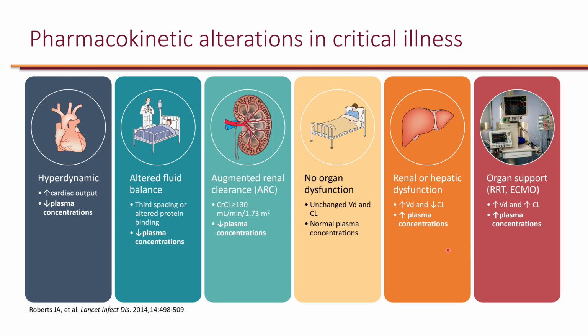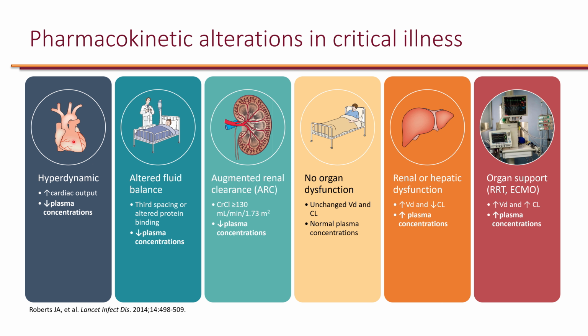Now, when it comes to critically ill patients specifically, there are important things to consider. For example, there are three things I have listed on the left-hand side that can lead to reduced plasma concentrations. The first is a hyperdynamic environment in the patient.